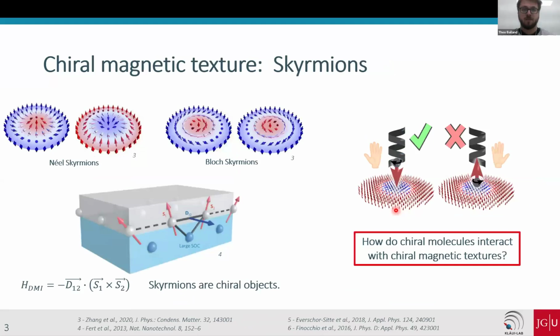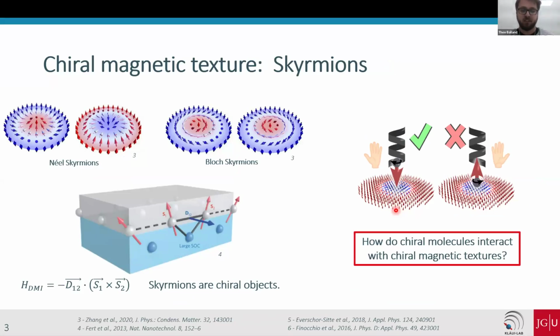So if we talk about hybrid systems, like chiral molecules on top of metallic stacks, the molecules are not the only possible chiral objects. You can find chiral magnetic textures in magnetic multilayers, and those are skyrmions. Those skyrmions are spin textures that behave like quasi-particles, and they are stabilized by the competition between the exchange interaction, the perpendicular magnetic anisotropy, the PMA, and the Dzyaloshinskii-Moriya interaction, the DMI.